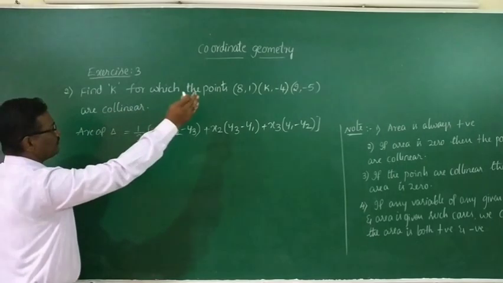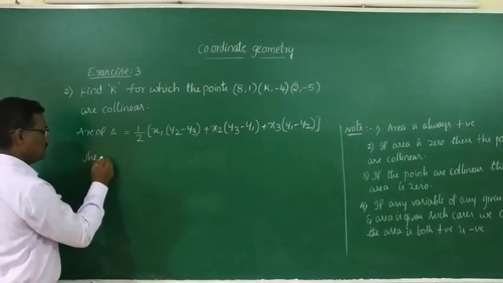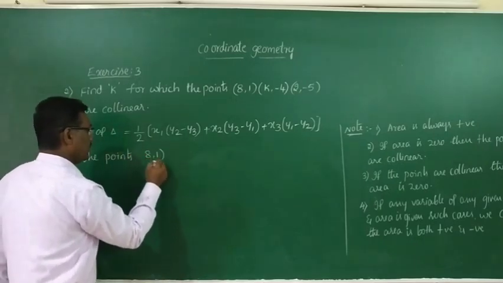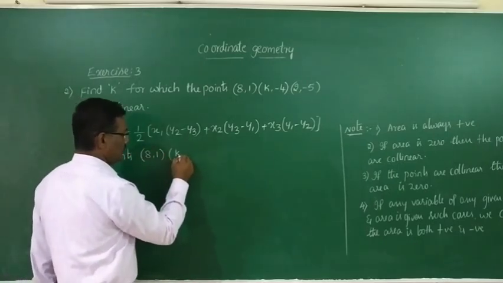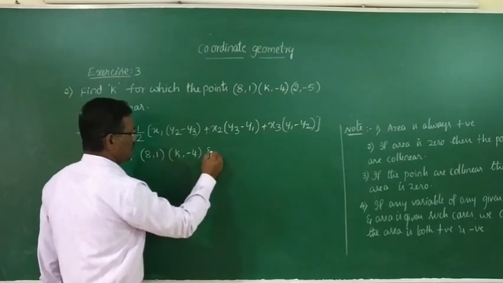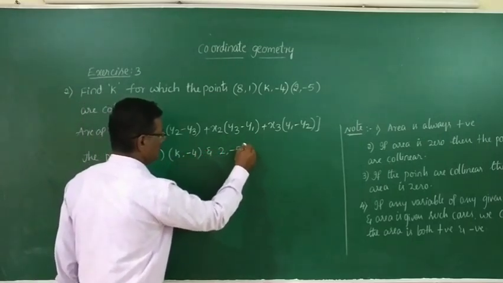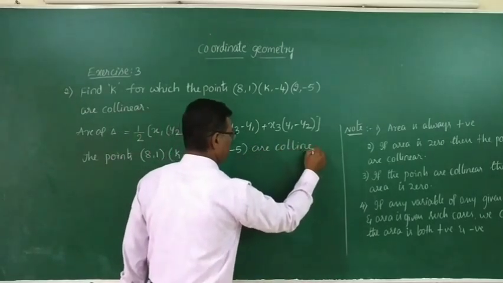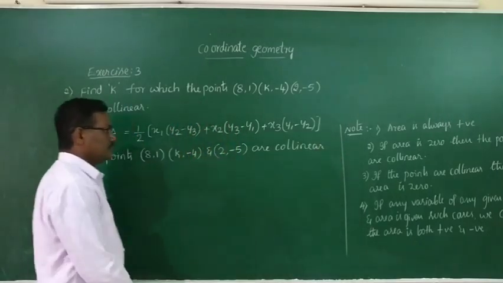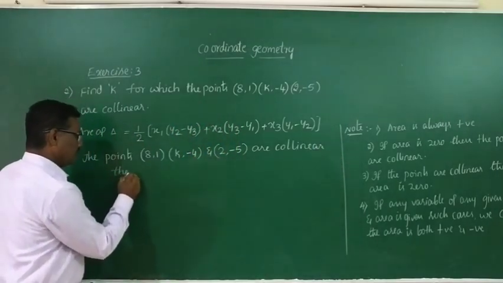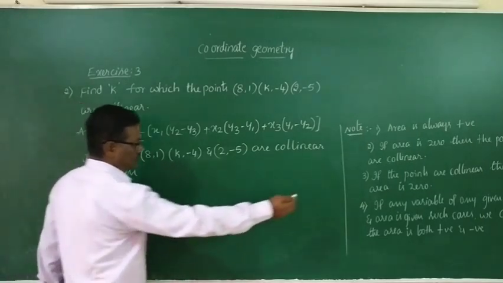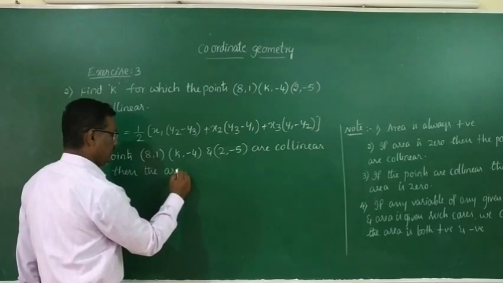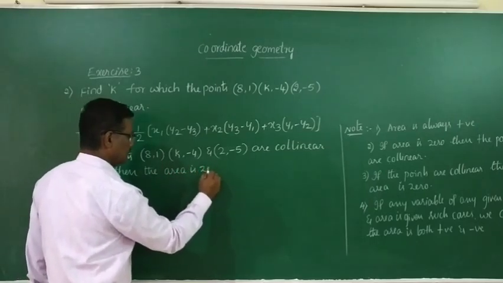Here, the given points 8, 1, k, minus 4 and 2, minus 5 are collinear. Then, if the points are collinear, the area is 0.